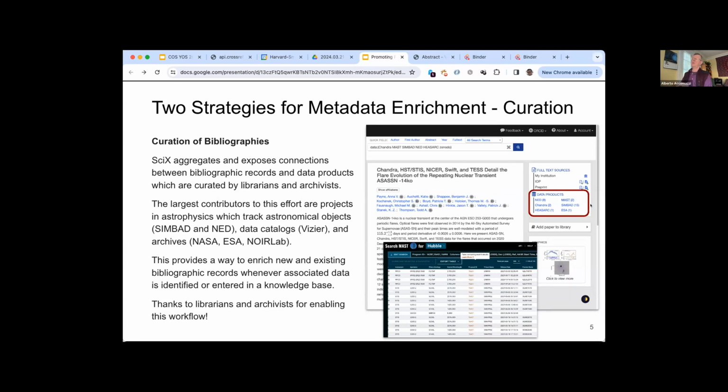These are curated collections of links, and these links typically get shared and incorporated in our records so that we have bidirectional links. ADS will link to the data products hosted by the different archives, and the archives link back to us.